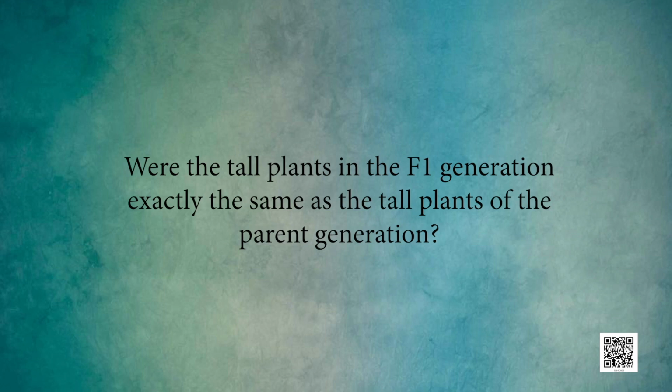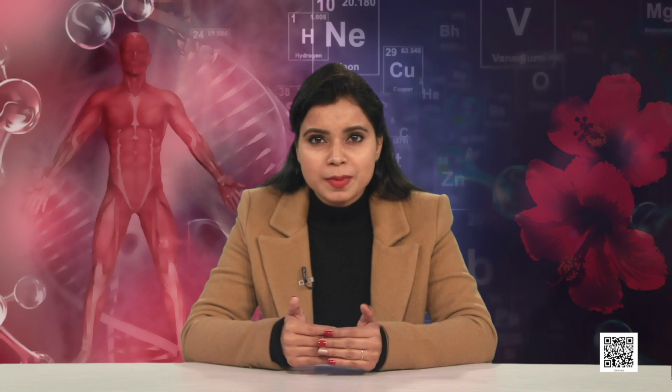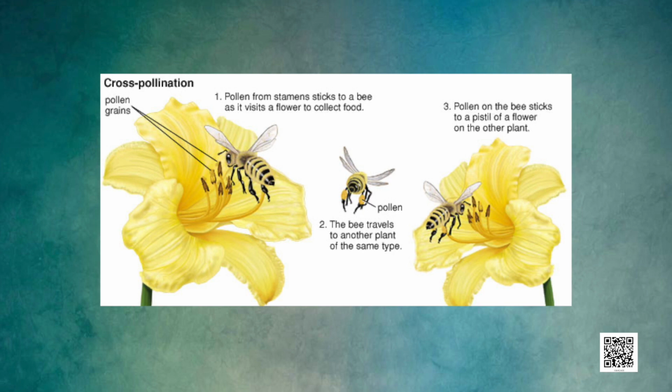So, the next question was, were the tall plants in the F1 generation exactly the same as the tall plants of the parent generation? Mendel's experiments tested this by getting both the parental plants and these F1 tall plants to reproduce by self-pollination.